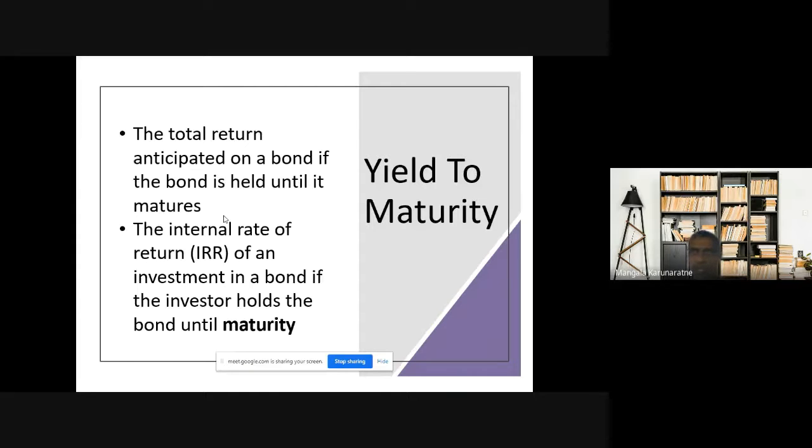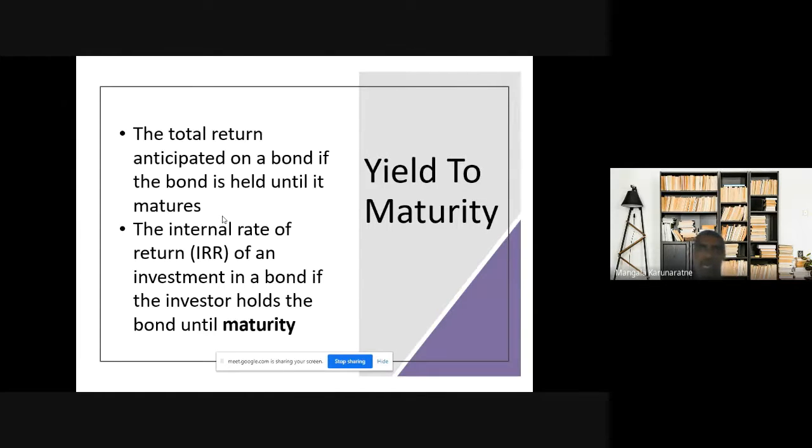So many definitions are there, but all are the same with regard to the return you get, and with regard to the period that you have to hold it. So if you hold it till maturity, then out of these cash flows, this is the rate of return. You can call it the internal rate of return as well. That is why it says yield to maturity. Now you have to keep it till maturity, otherwise you have to do the recalculation.